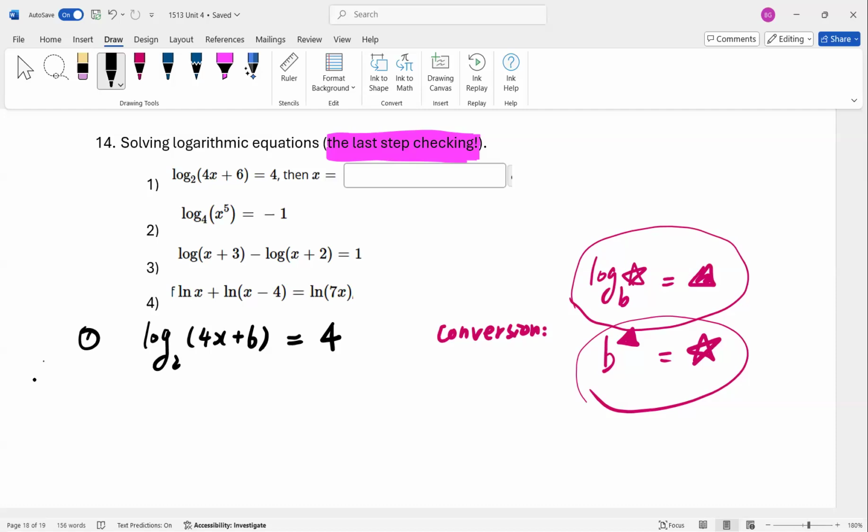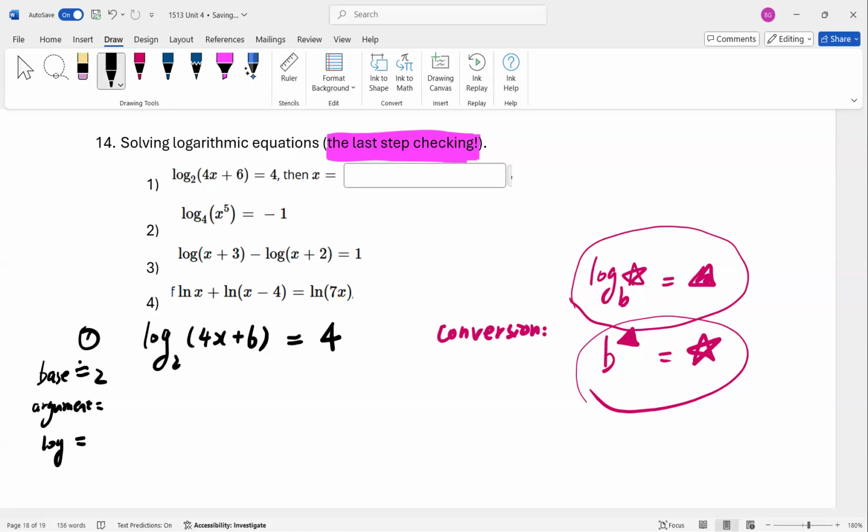I'm going to write the names for the three parts: base, argument, log. We know the base is 2. Can you tell me what's the argument?